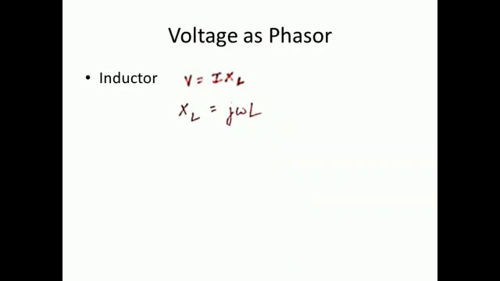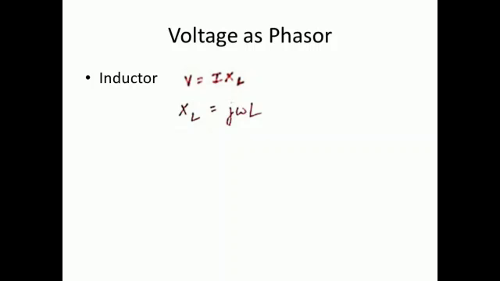First, we will express the potential difference or voltage across an inductor or a capacitor as a phasor. So, firstly, if we take the case of an inductor, the voltage across the inductor can be expressed as the current I times the inductive reactance XL.